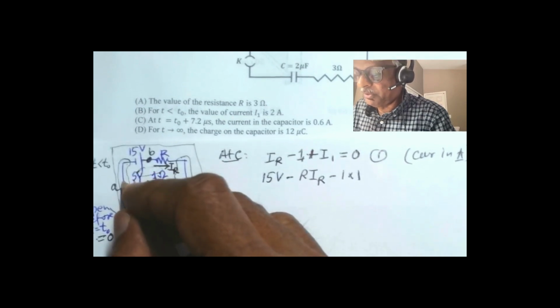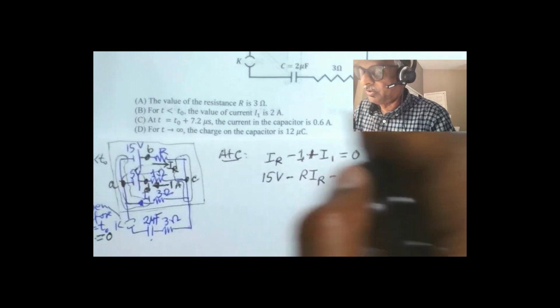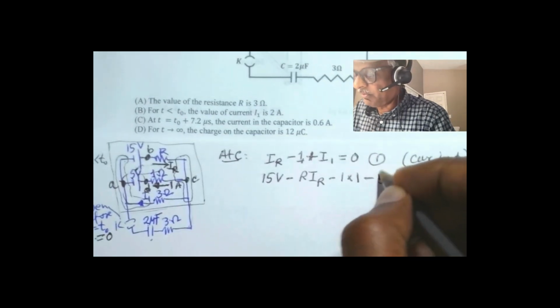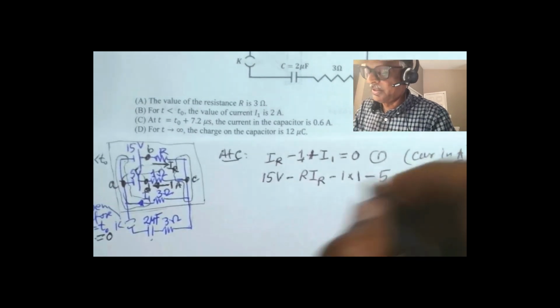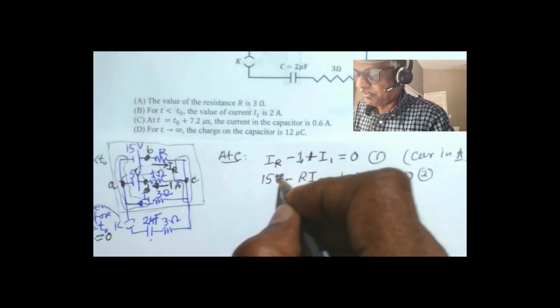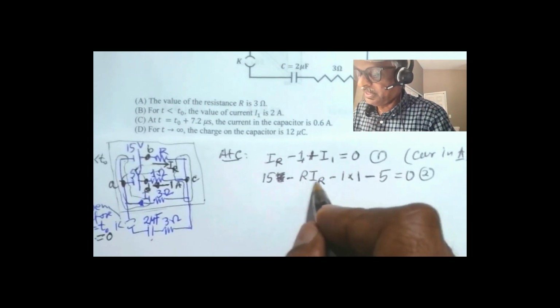Then you're going opposite, so you pick up, so you drop minus 5 volt, equal to 0. So this is 15. Okay, so we still have unknowns here.